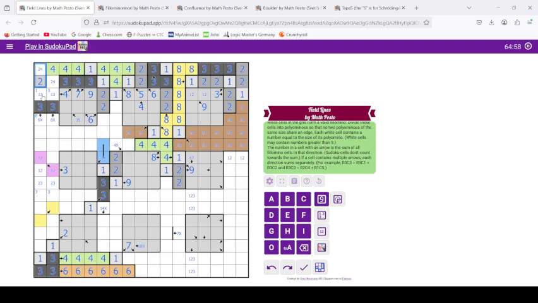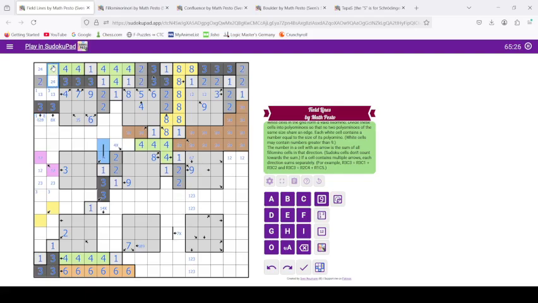Yeah, this is a 2. 4, 7, 8, or 10. If this is a 4, 6, 9, 10, or 12. Yeah, so it's either 8, 10, or 12 for that one.